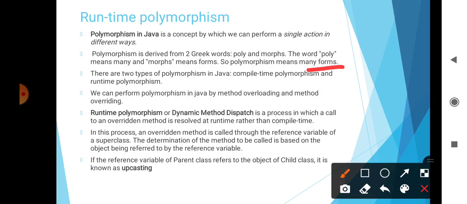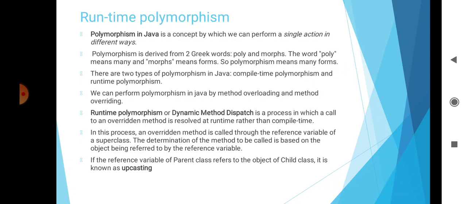In this process, an overridden method is called through the reference variable of a superclass. The determination of the method to be called is based on the object being referred to by the reference variable. If the reference variable of a parent class refers to the object of a child class, then it is known as upcasting.